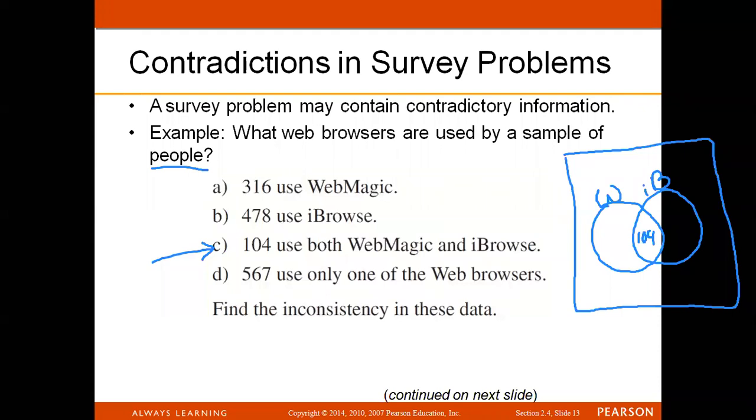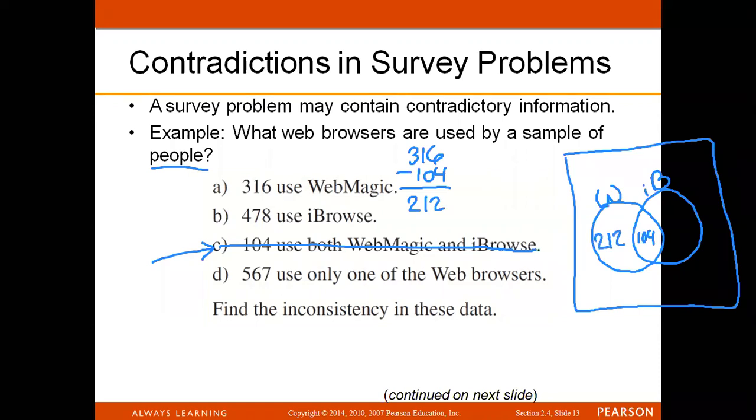Now we have 316 use WebMagic. So 316 minus 104 is 212.